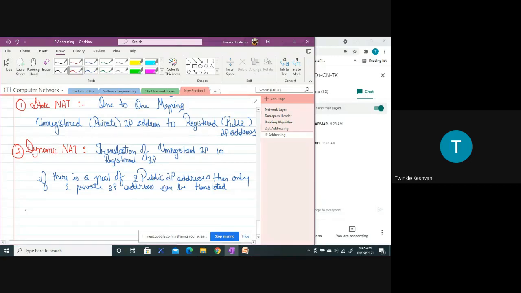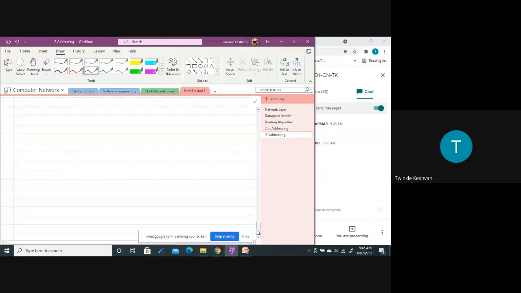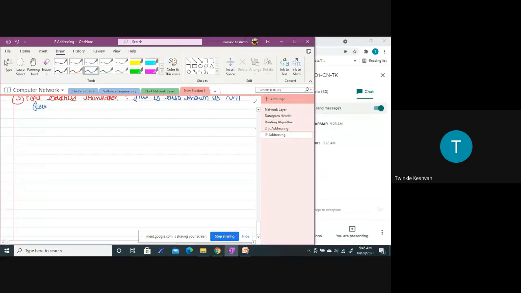Now, the other one is port address translation. This is also known as NAT overload. And what is it used for?